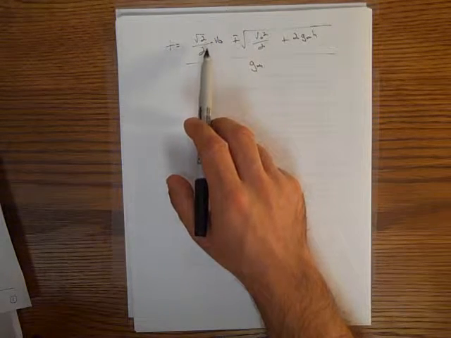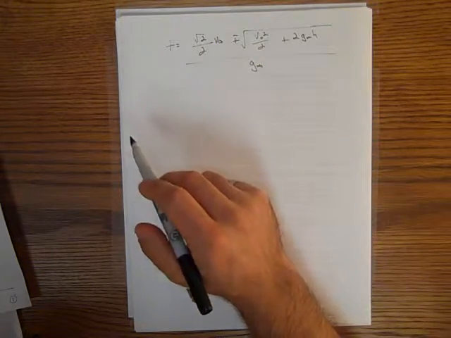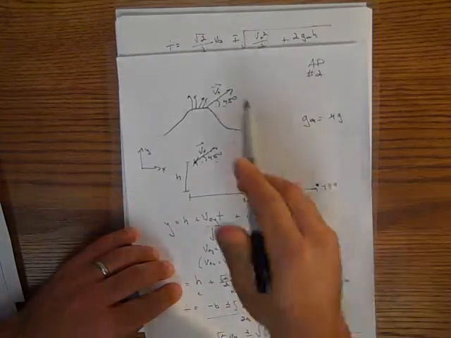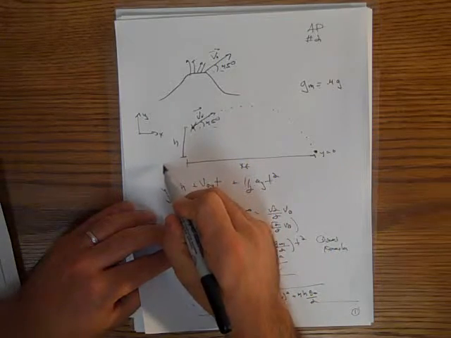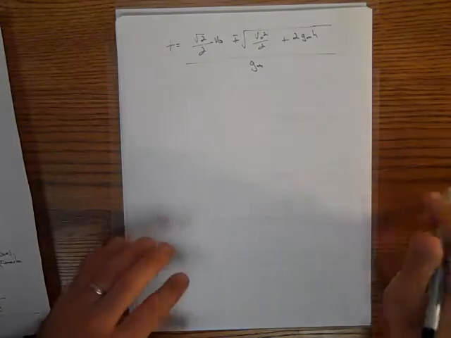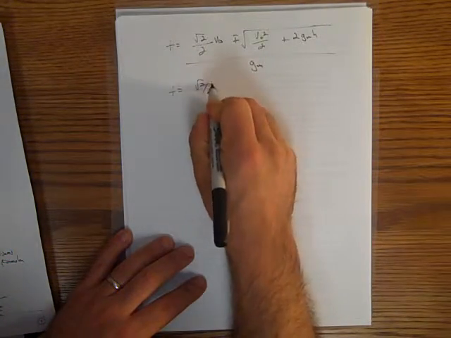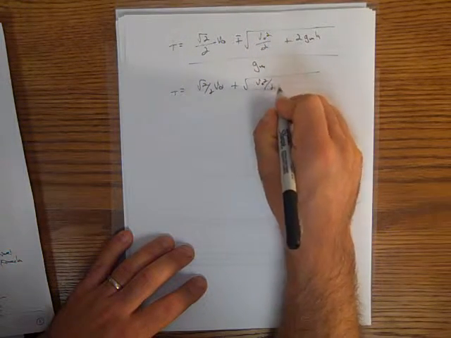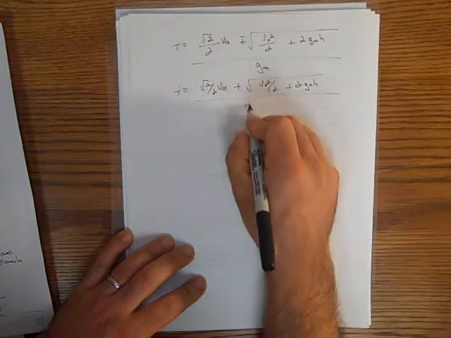Mathematically, that's just where the parabola meets y equals 0 on the other side. So the negative solution gives me, if I were to backtrack in time, where that parabola hits the ground, but I want the positive value. So the time that I'm interested in is root 2 over 2 v0 plus the square root of v0 squared over 2 plus 2g Mars h, all over gm.